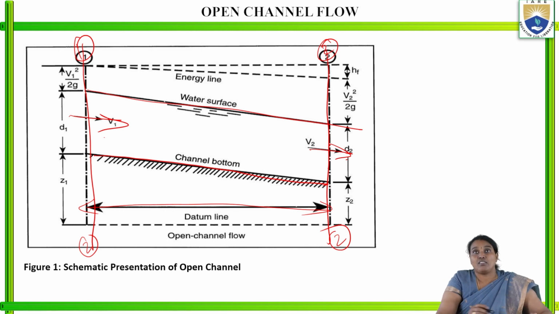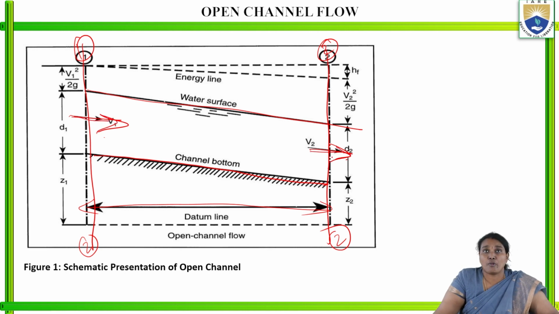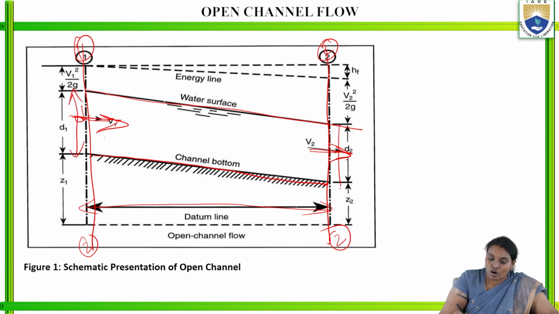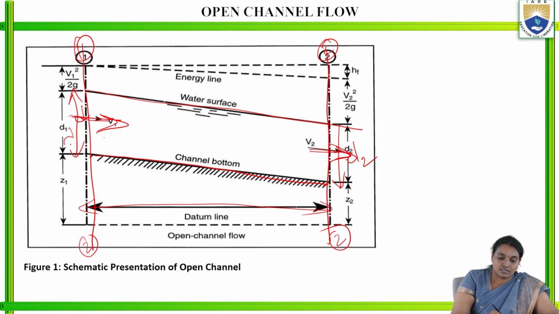So in section 1-1 and section 2-2, in between, velocity may vary or may not. It depends upon the situation of the channel. So the depths also. This is the depth of the water flow at section 2. This is the depth of the water flow at section 1.